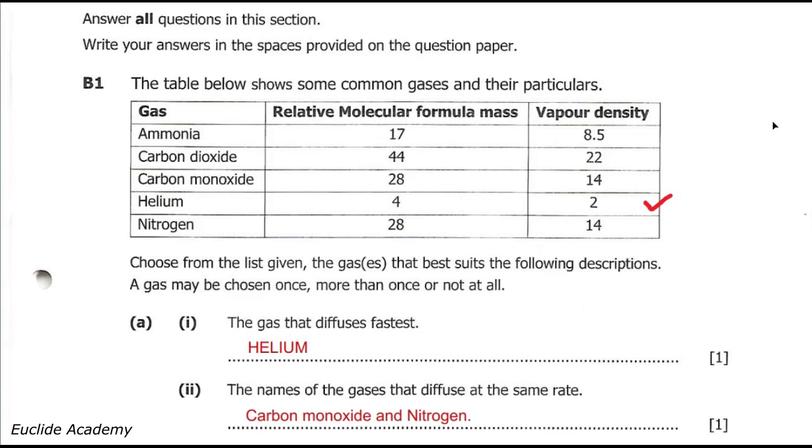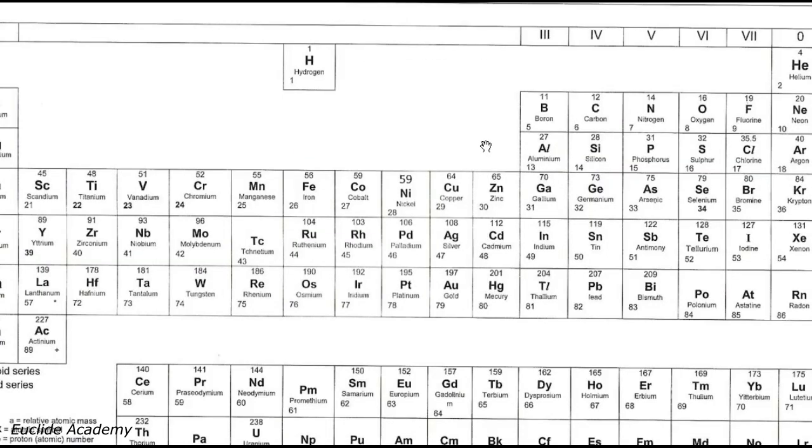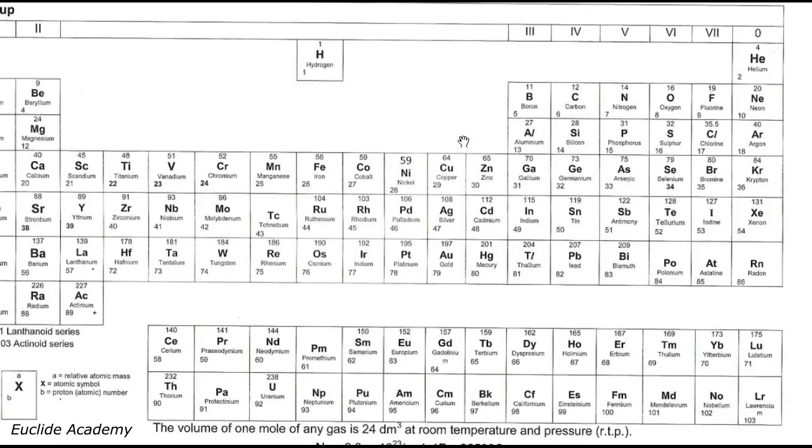So for that, fortunately, you're provided with a periodic table. So you check on the periodic table and see if there's a gas which has got a smaller relative formula mass. When we look at this table, we can see that hydrogen has got 1, helium has got 2.